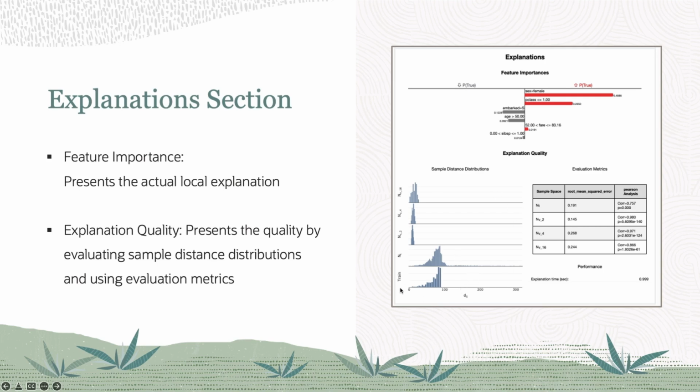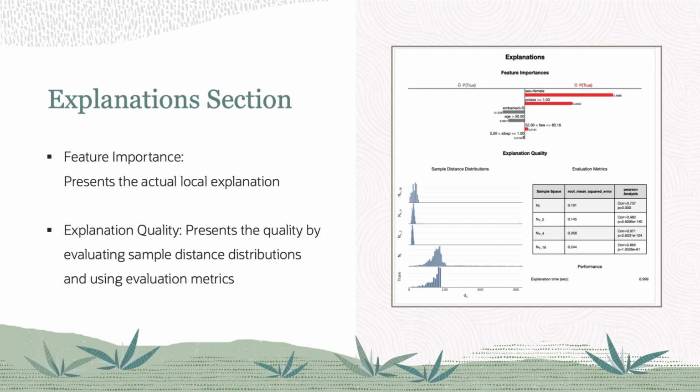This highlights the locality of generated sample spaces where the surrogate model, which is the explainer, is trained and evaluated. The evaluation matrix evaluates how accurately the surrogate model approximates the local behavior of the complex black box model. Multiple different regression and classification metrics are supported for the evaluation matrix.